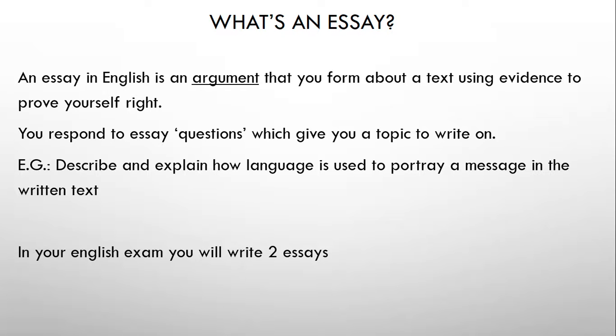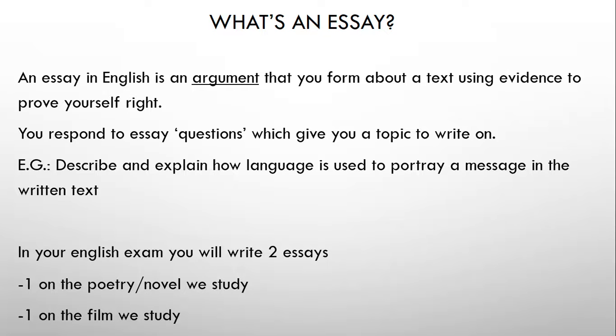You have 3 hours to write 2 essays. One will be on the poetry or the novel that we're going to study, and that's the written text exam. And one will be on the film that we study, and that's the visual text exam. So 2 essays in 3 hours.